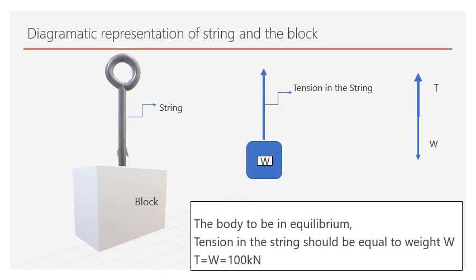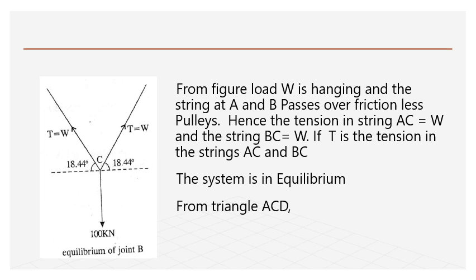To be in equilibrium, the resultant force should be zero. That means T is equal to W. We know the weight, that is 100 kilonewton. So T is equal to 100 kilonewton. And as the cable is passing over the frictionless pulley, the tension on either side of the pulley would be one and the same, that is T, equal to 100 kilonewton.